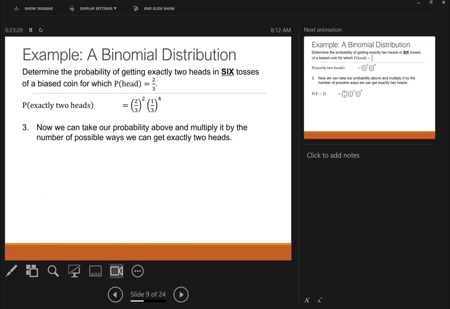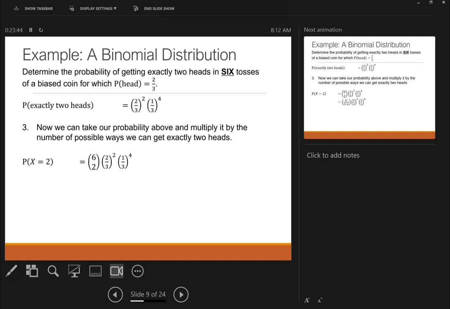Okay, so returning to this problem, where we want the number of ways we can get exactly 2 heads when we toss an unfair coin 6 times. Well, that's just going to be 6 choose 2. So we have 6 coin tosses, right? 6 outcomes from tossing the coin. We need exactly 2 of those to be heads.